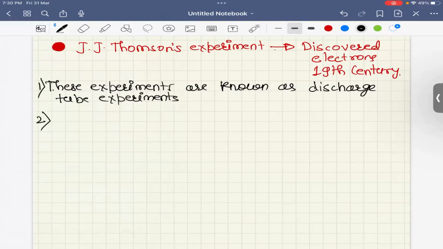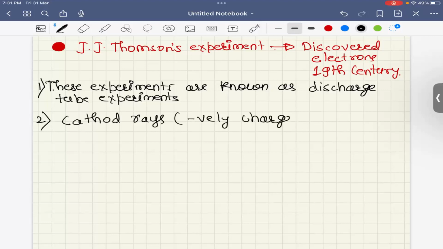So how were these experiments performed? Under ordinary conditions, gases are poor conductors of electricity. However, when a high voltage is applied to them at a very low pressure, these gases become conductors and electricity begins to flow in the form of rays. These rays are called cathode rays, which are negatively charged rays.